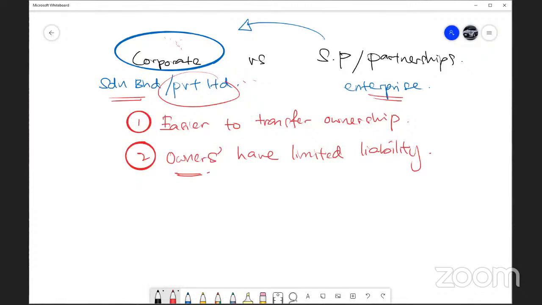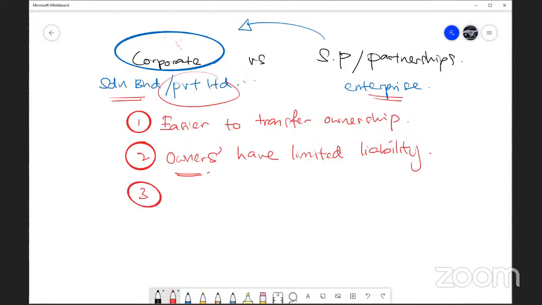They can't take any business loan or corporate loan at all. If they take any loan, it's going to be a personal loan from the owner. So when the loan is personal, is the liability limited or not? It's not limited anymore. If the company goes into default, the owner who used a personal loan to finance the company will go into default also, because he won't have money to pay back, and in the end the owner might even be declared bankrupt. That's number two, owners have limited liability.